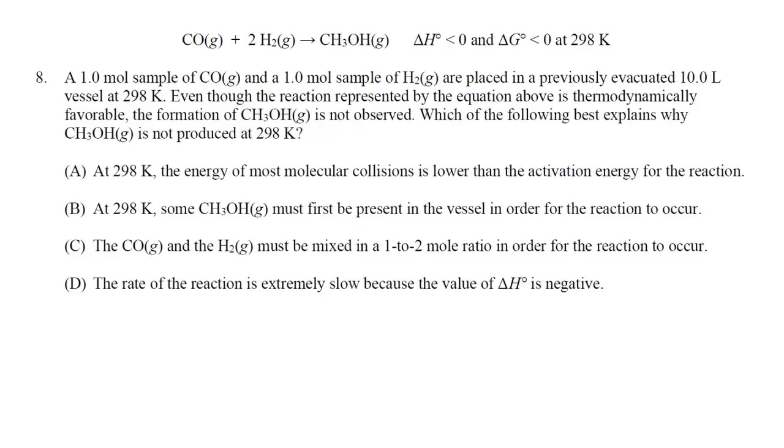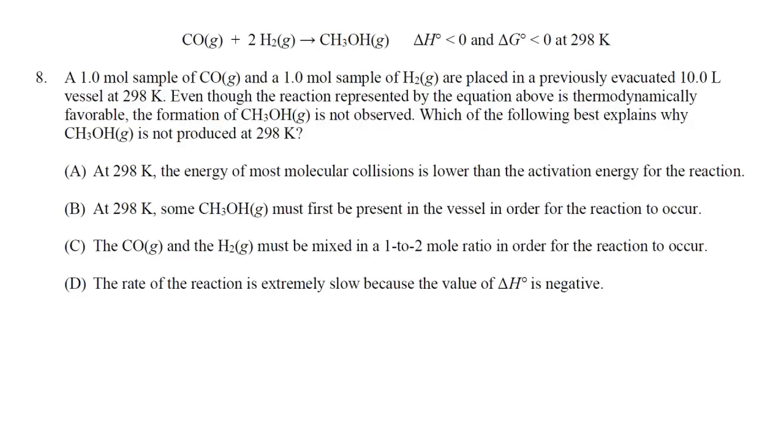In question 8, we are given a balanced chemical equation for a reaction in which carbon monoxide gas, CO, reacts with hydrogen gas, H2, to produce methanol vapor, which has the chemical formula CH3OH.